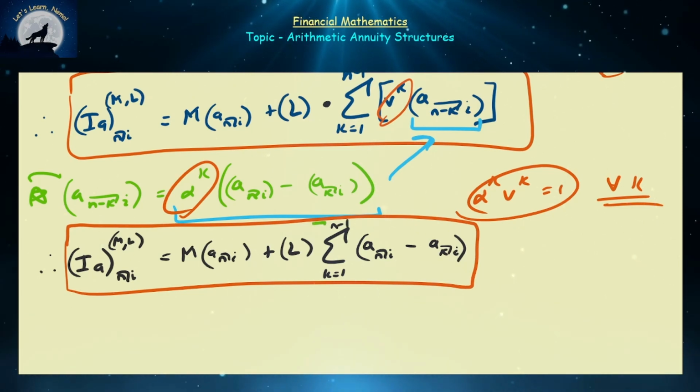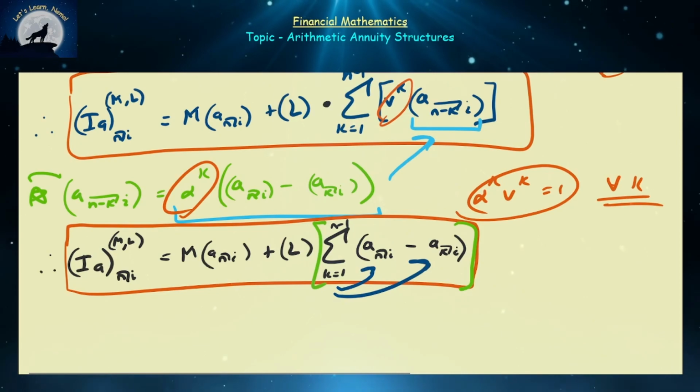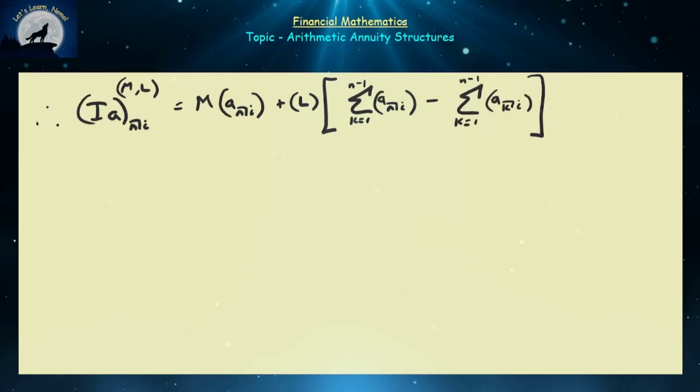Now I want to put that into brackets just to be safe, and now I want to distribute this sum over those first two terms and then do some algebra with that. Alright, so now let's get ready for some very fun, not really difficult, but very detailed algebra. The very first thing that I have here is a_{n|i}. Notice that nowhere in that expression does it have k in it, which is what that summation is associated to. So what I can actually do is factor that expression out, and then you're just going to have a sum of 1.